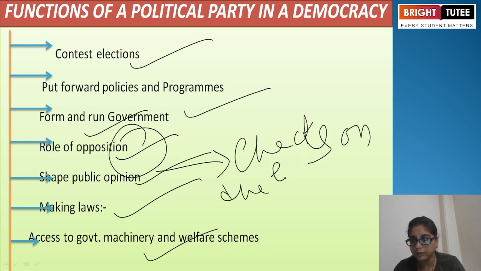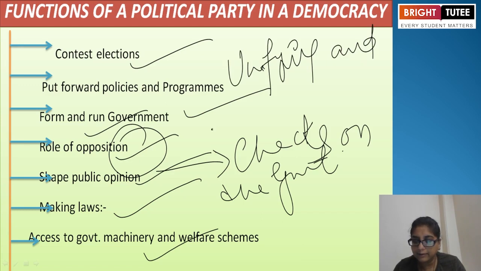They point out its negatives, and it is the duty of an opposition to criticize the majority government. In a free society, an organized opposition has a central role to play, with free and open debate about the working of the majority government. Then parties also act as a unifying and stabilizing force.